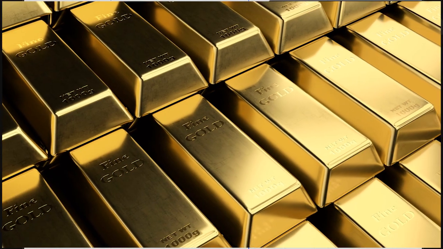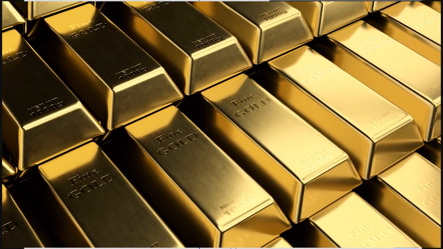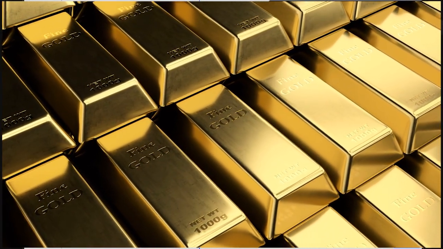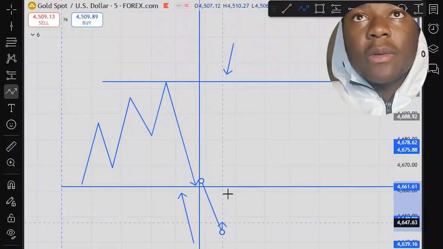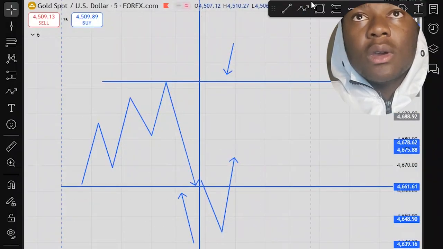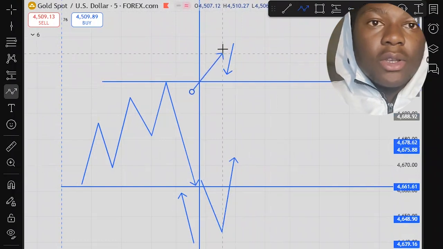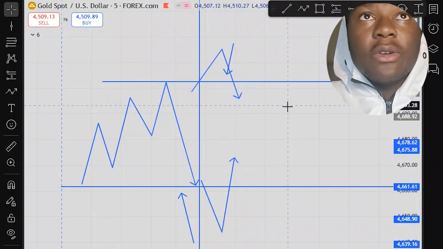What we're looking for is for gold price to either break the previous day low or break the previous day high. Then once that is done, you want a break of structure in the opposite direction, right?